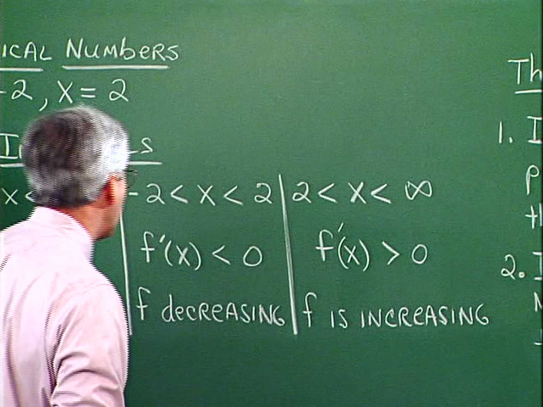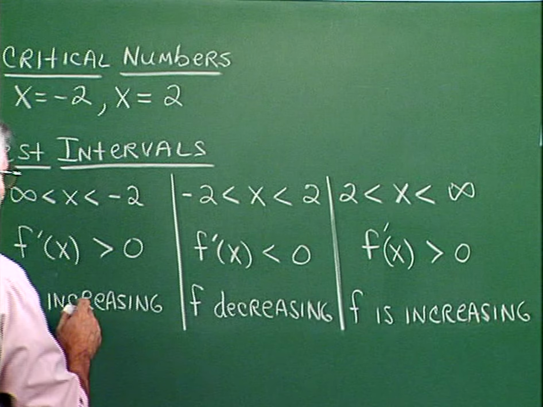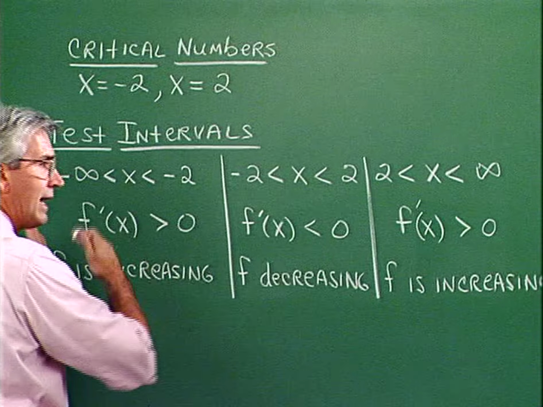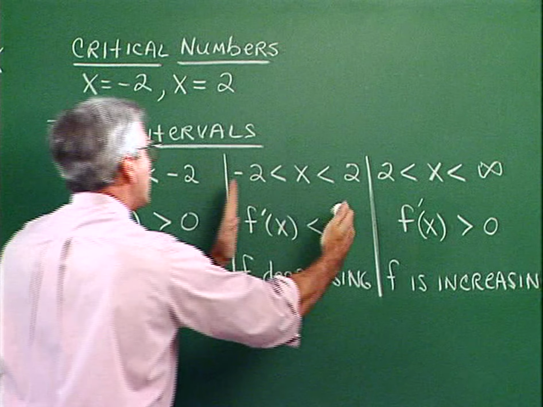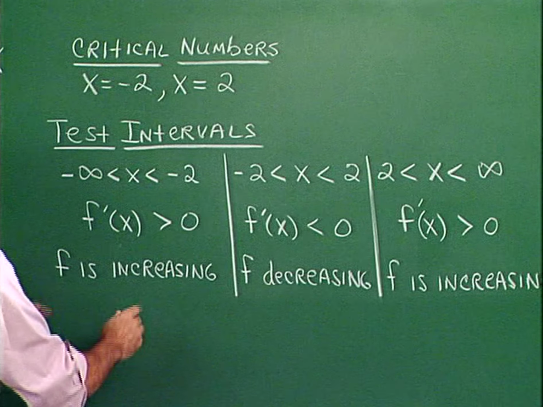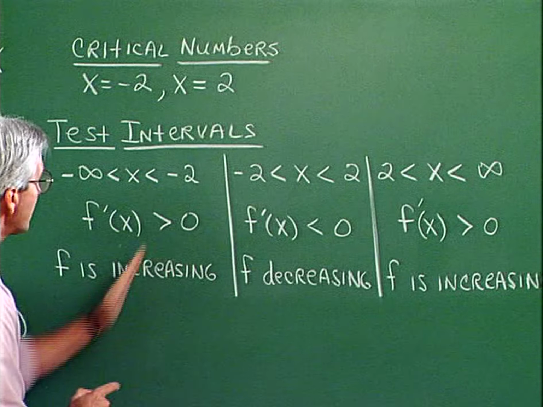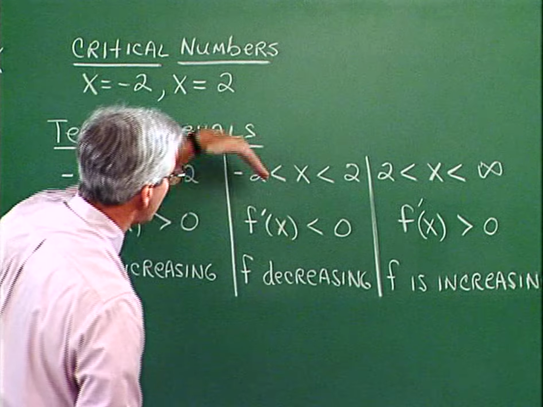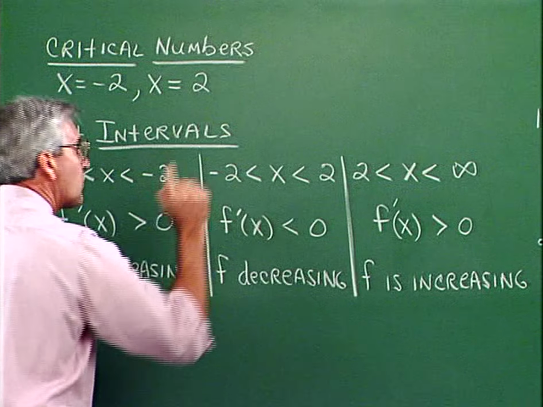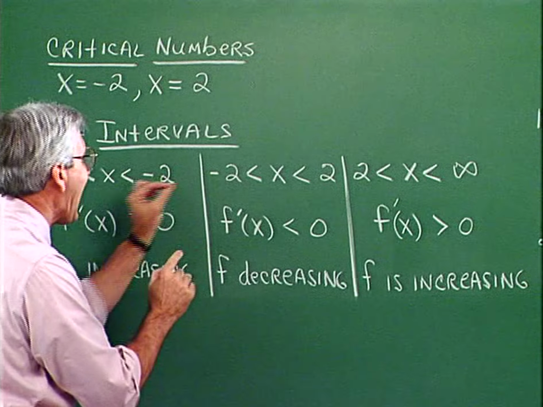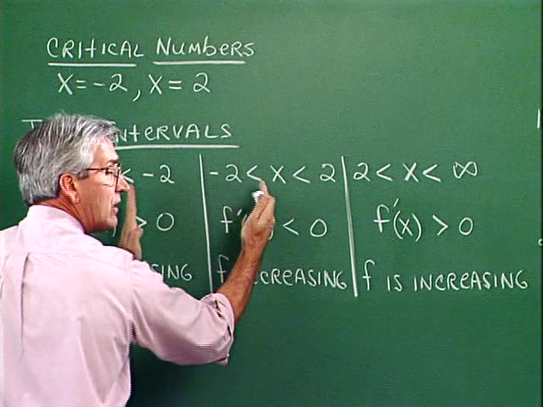Now, think about the notion that we're going left to right on our coordinate plane, from this interval and then the next interval and the next interval. If f is increasing on this interval and then f is decreasing on this interval, it should make some sense that there is a relative maximum at our critical point dividing those intervals.